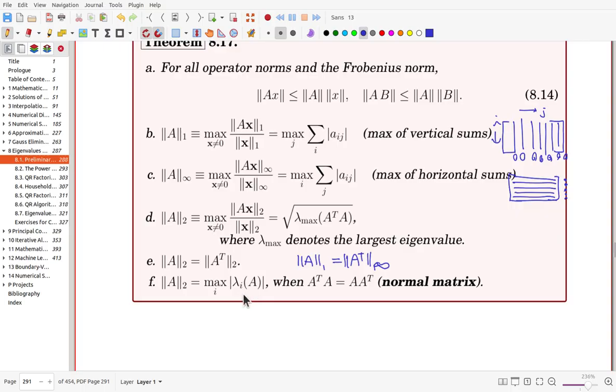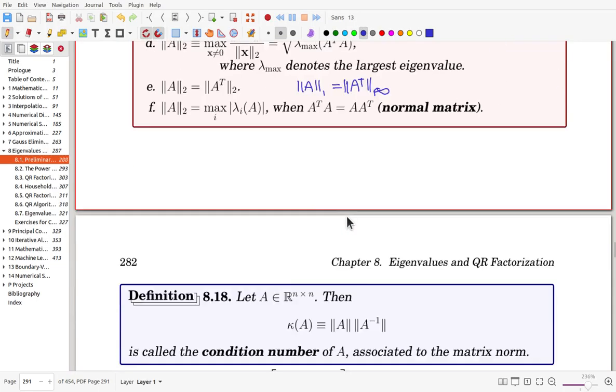So after getting all the eigenvalues, in modulus, the maximum is the matrix 2 norm. But for this case, the eigenvalues are all real and non-negative, so you don't need the absolute sign over there.